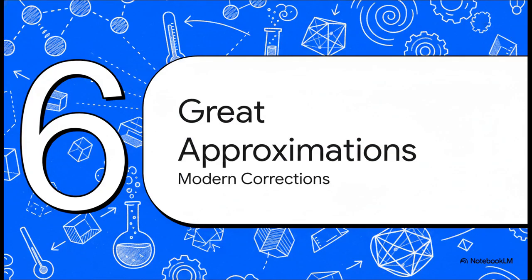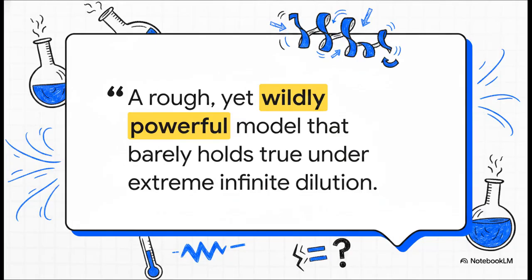Boom! And finally, Section 6, the great approximations and modern corrections. So, the crucial point we really have to make here as we look at this from a modern perspective is that Van 't Hoff's 19th century linear models were revolutionary for sure, but they definitely weren't perfect. It's summed up perfectly by this thought.